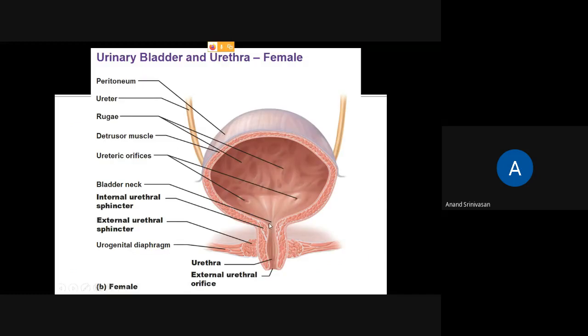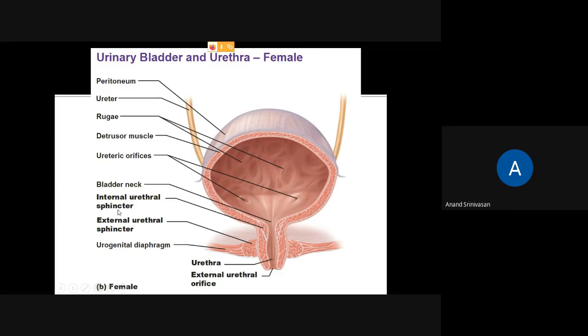Now this internal urethral opening is protected by a sphincter, which is called the internal urethral sphincter. Then later on, there is another sphincter, and that is called the external urethral sphincter.